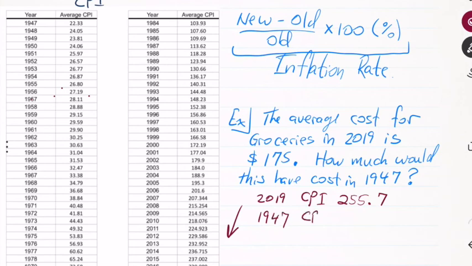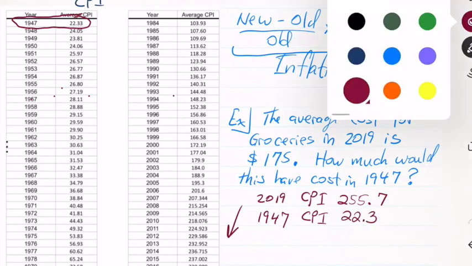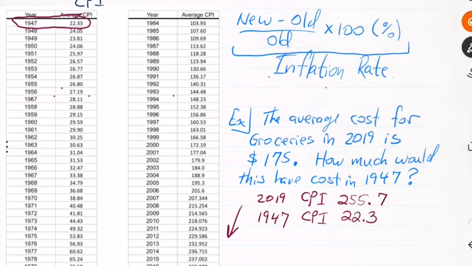And the CPI in 1947 was way up here, it's 22.3. Now, when you're talking about these CPIs, we're generally going to be talking about new and old. Obviously the new one is the current one, or the closest to the year that you're already in, and the old one is further back. 1947 is definitely the old value.